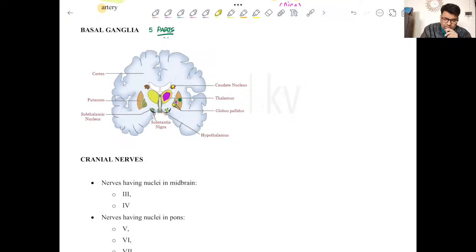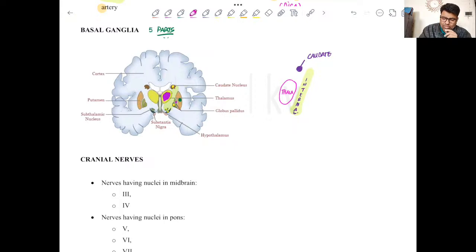And this is the internal capsule, right? So suppose if this is the internal capsule, on the top you can see the caudate nucleus. So this is the caudate nucleus. This is of course internal capsule. Clear? Then here we have the thalamus. So this is the thalamus here.